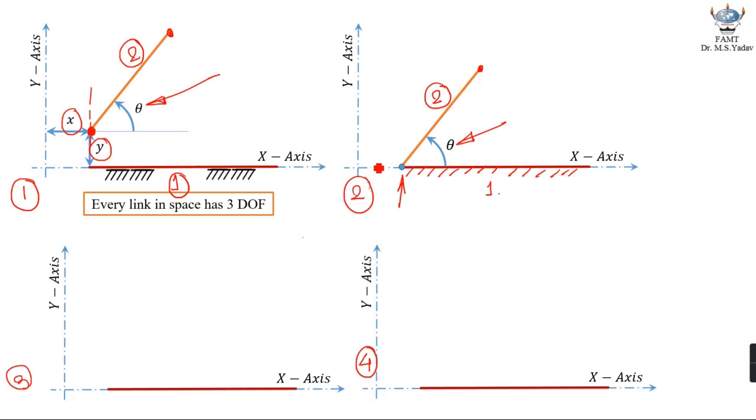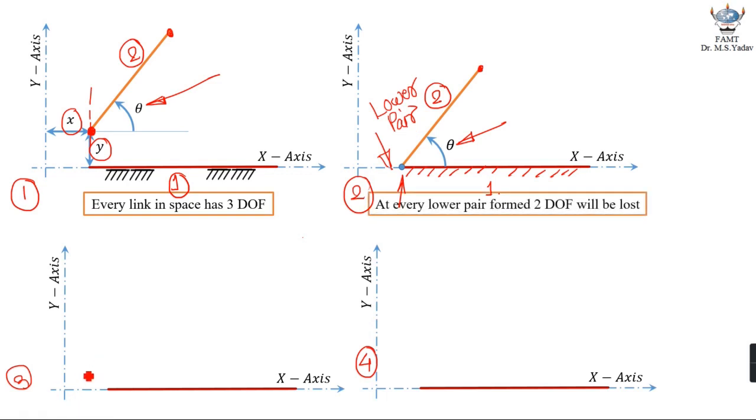Now the pair formed at this particular point is basically a lower pair. We know that turning pair falls into the category of lower pair. So once again I can generalize, at every lower pair formed 2 degrees of freedom will be lost. Earlier this was having 3 degrees of freedom.